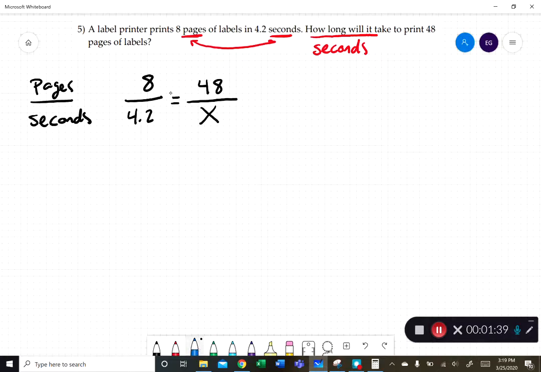So we have a proportion set up. So we can now cross multiply: 8 times x is equal to 48 times 4.2.